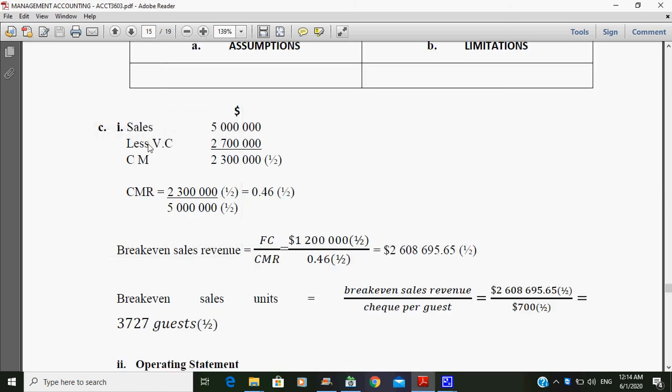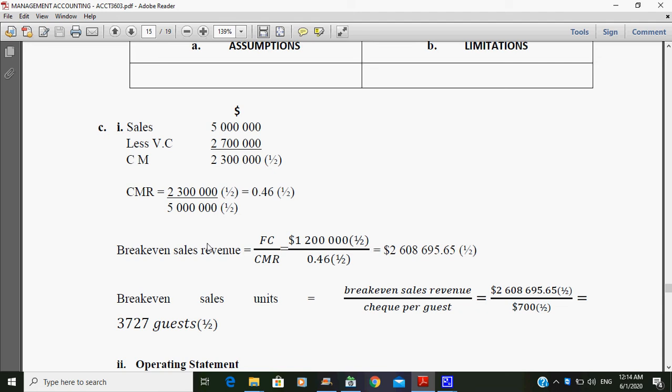Look at this now. Here, sales less variable costs gives you a contribution margin, right? Now to get a contribution margin ratio, you divide contribution margin by sales revenue. Good? And that will give you 0.46. So this 0.46 is your contribution margin ratio. Good? Alright. Now let's go down further.